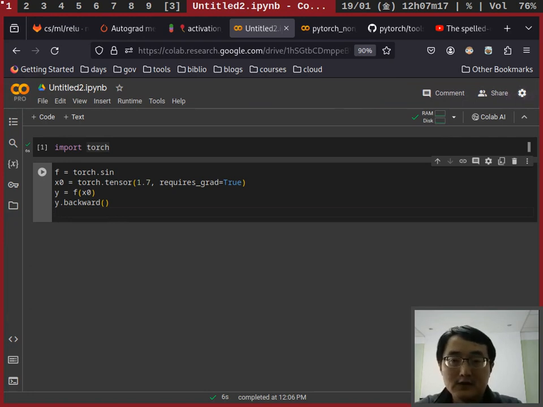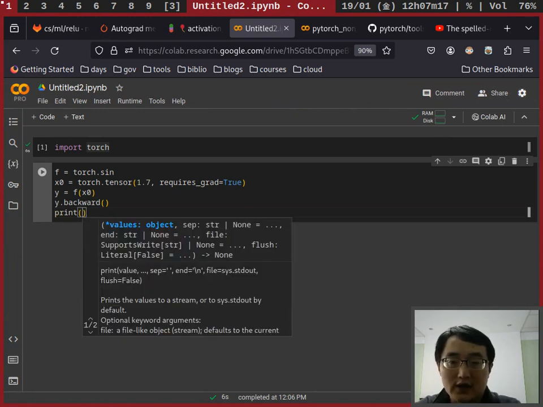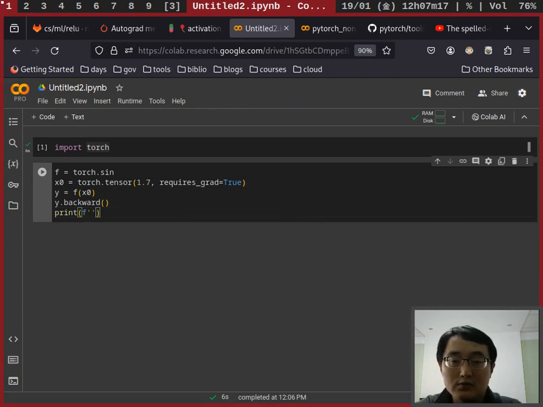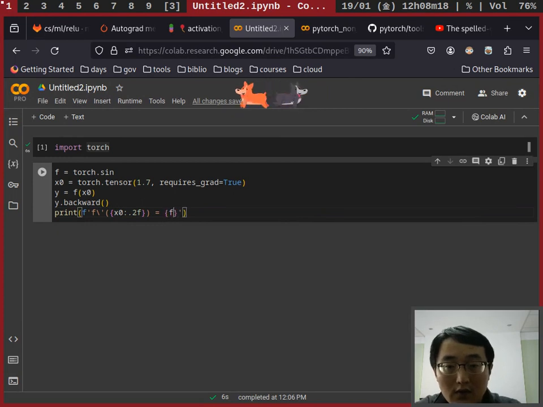So here the derivative will be x0.grad, and to print it more beautifully, we would go like this.